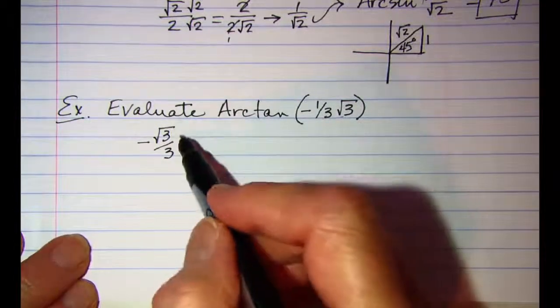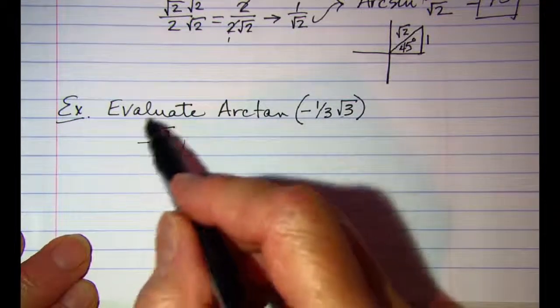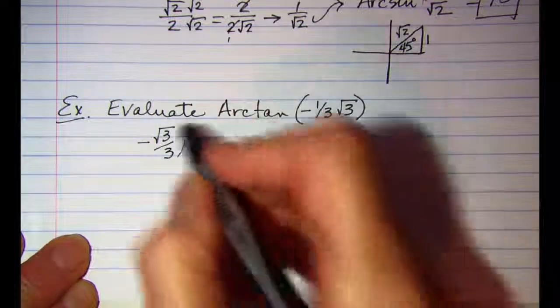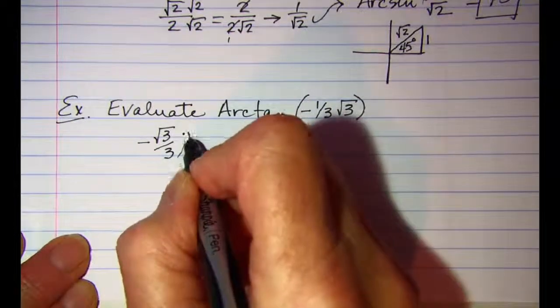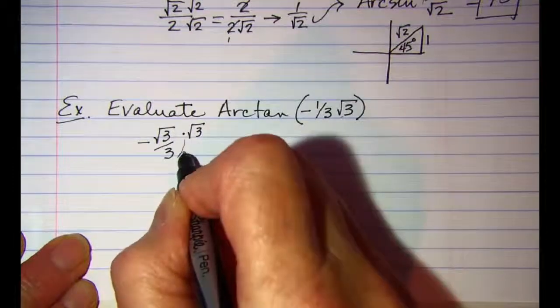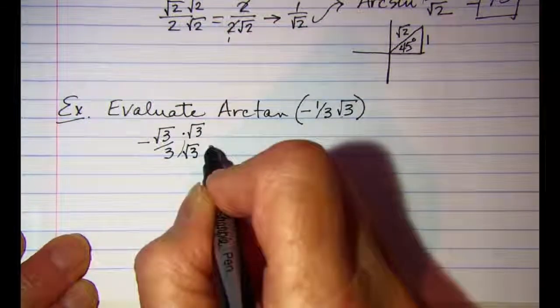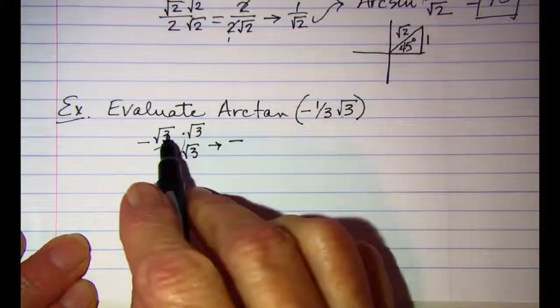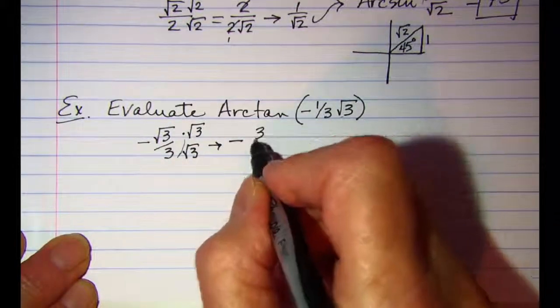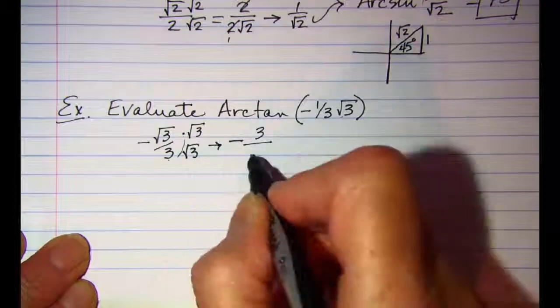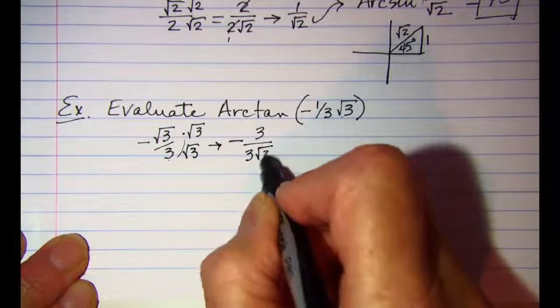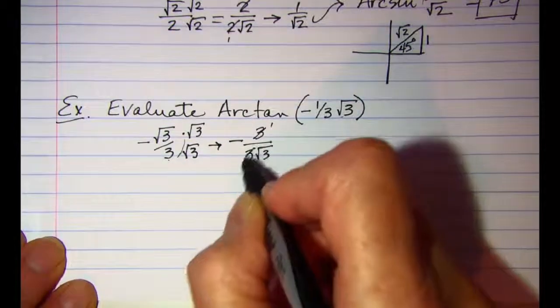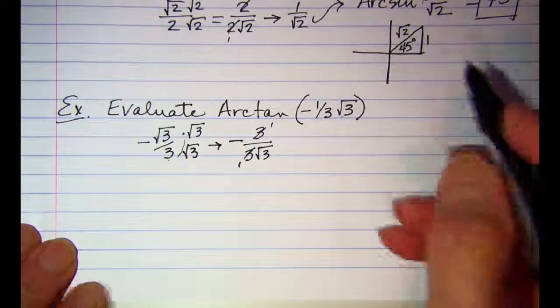And then let's go ahead and rationalize the numerator so that this looks more familiar. So I have a negative root 3 times root 3 is 3, over 3 root 3. And again, I can simplify here, cancel those 3's.